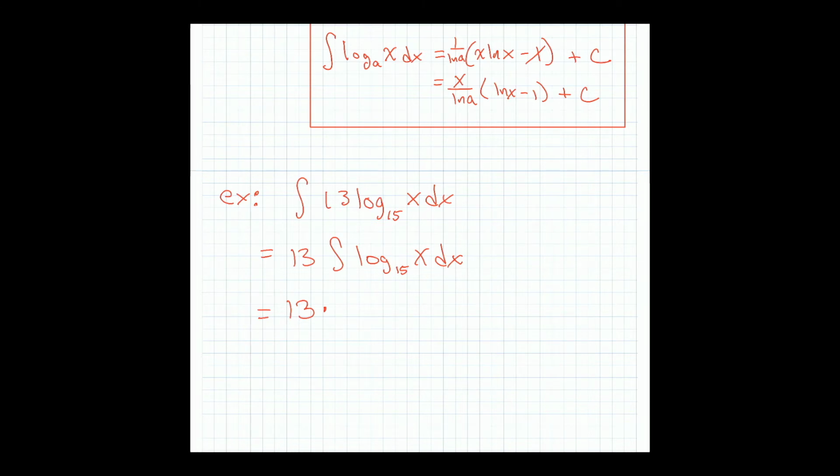Your formula says we just need to know what the a is, and other than that it's x ln x minus x, or the way that they wrote it, which is slightly different. So we just do x over ln 15 times, in parentheses, ln x minus 1 plus c.